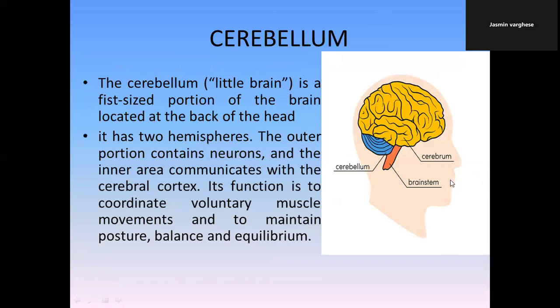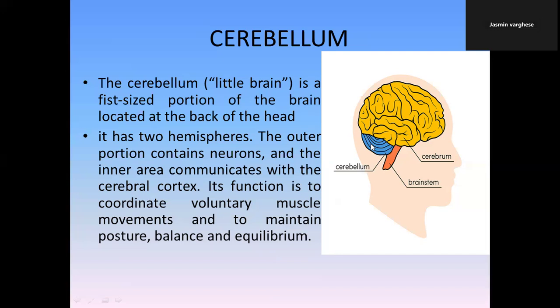Next is cerebellum, that is the other part of the brain. Among these three, this is the last part, and the cerebellum is known as the little brain. It is located at the back of the head. Imagine this is the front, this is the middle connection, and this is the back of your head, and there you can see cerebellum.